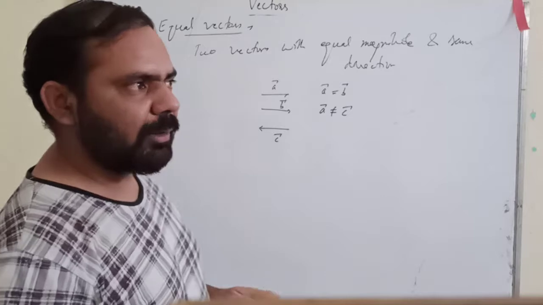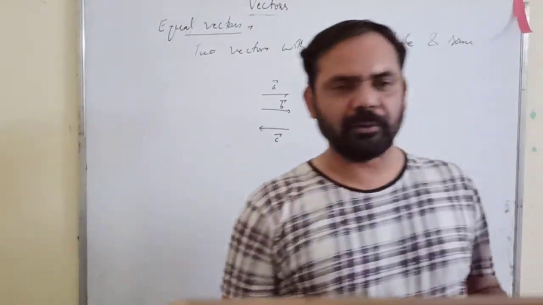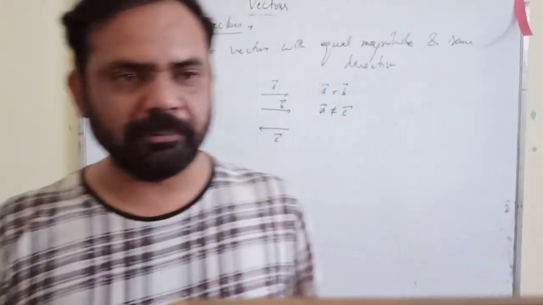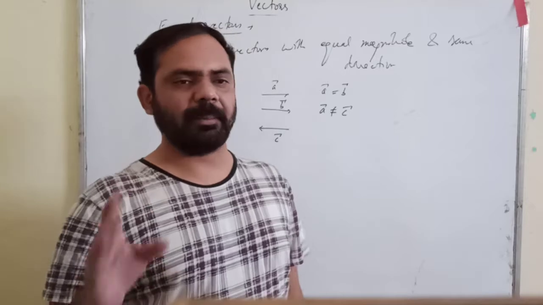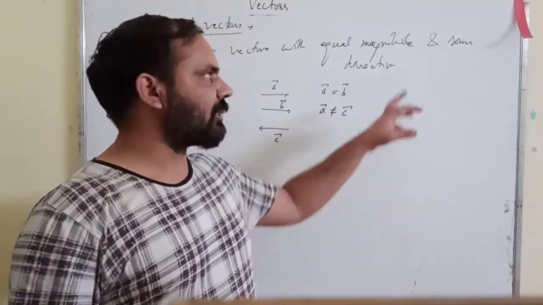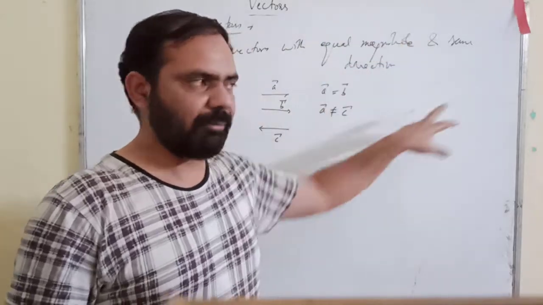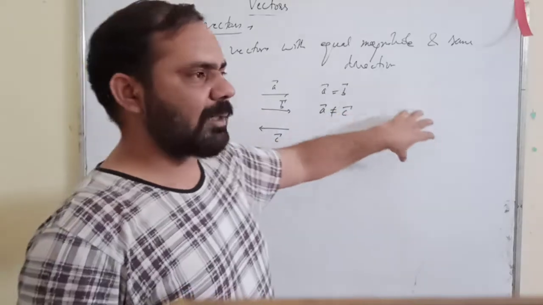Okay, so when you want to check whether two vectors are equal or not, you have to check that their magnitudes must be equal, as well as they must have the same direction. Same direction means they must have the same unit vector.